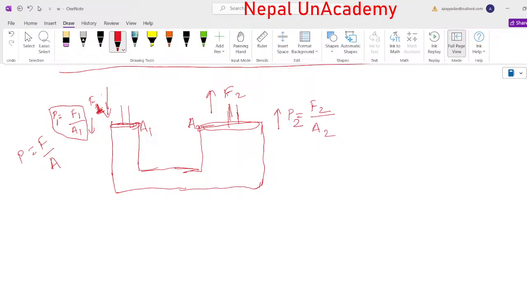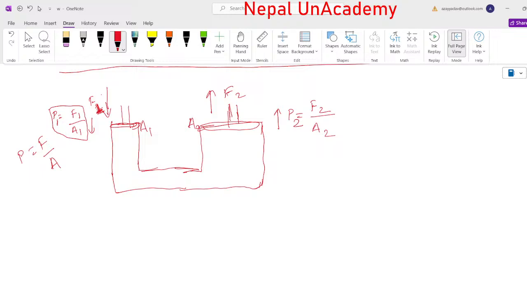So P1 is basically F1 by A1, where F1 is the force we have applied on the smaller piston and A1 is its cross-sectional area. It is transmitted perpendicularly and equally in all directions. That's what Pascal's law tells. The pressure will be perpendicular and equal in all directions in the incompressible liquid in the cylinder.